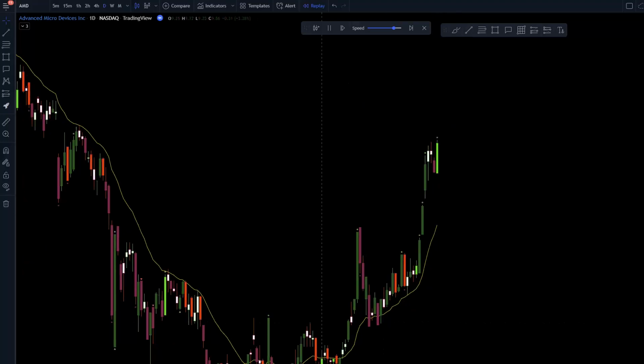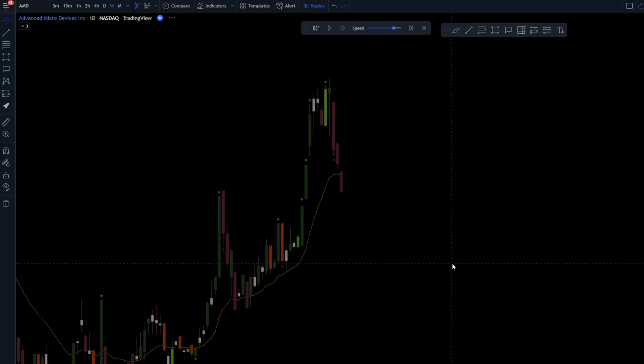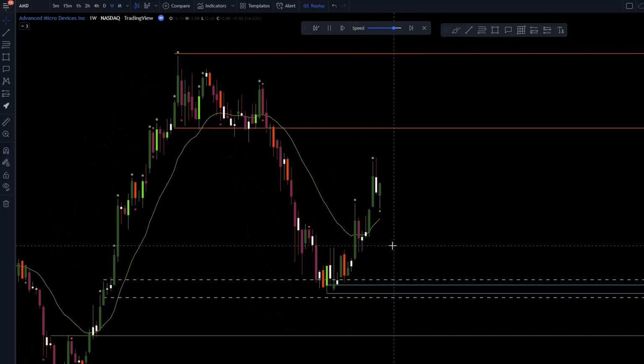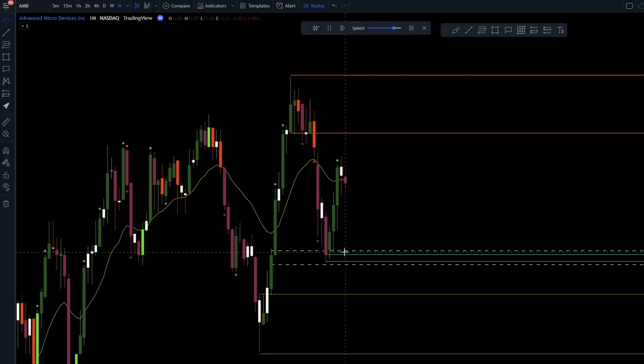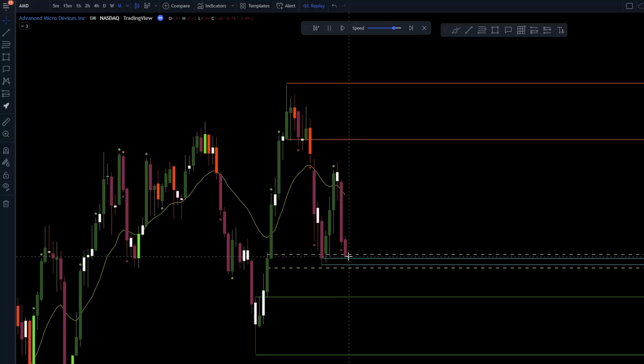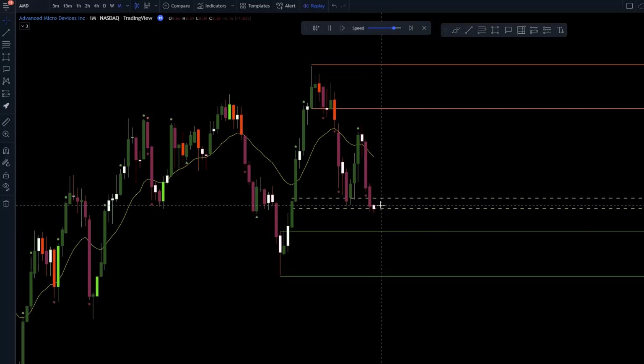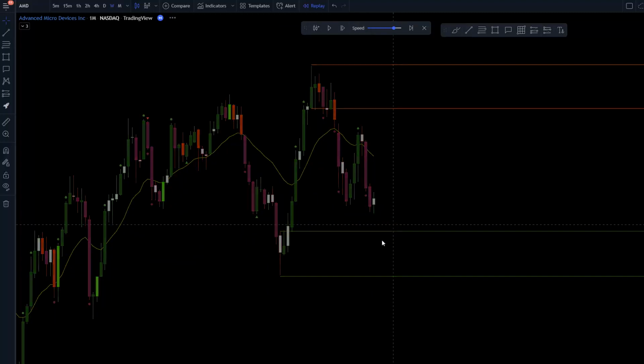This has worked, but not it. Eliminated. Then this could have been like this as well. We never know. That's why we have stop loss.